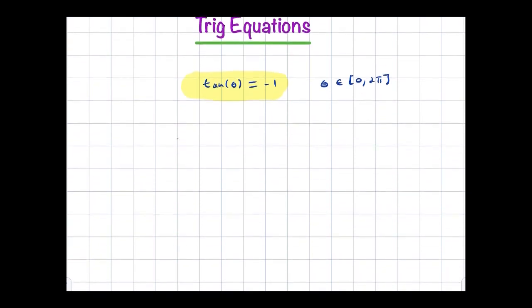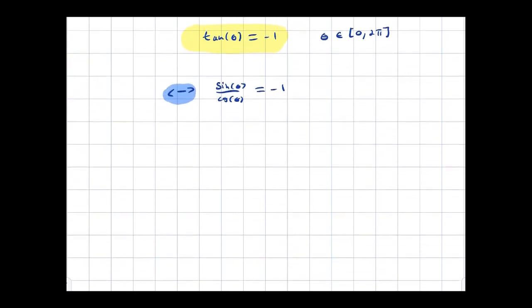So first step is to ask, what is tangent? Tangent is sine of theta over cosine of theta, and we want this to be equal to -1. Tangent of theta equals -1 if and only if sine of theta over cosine of theta is equal to -1.